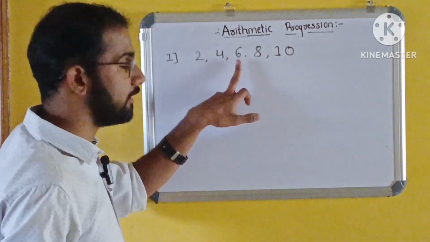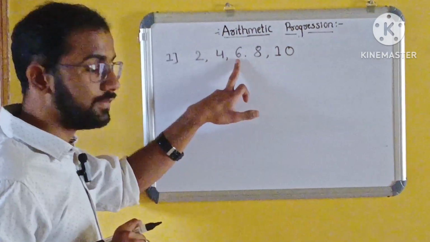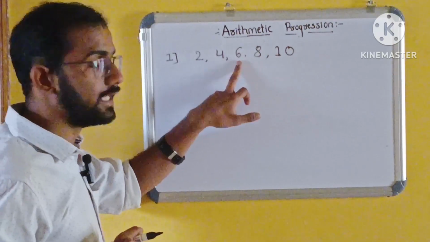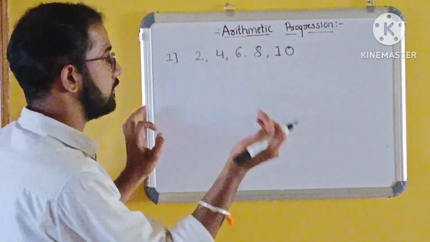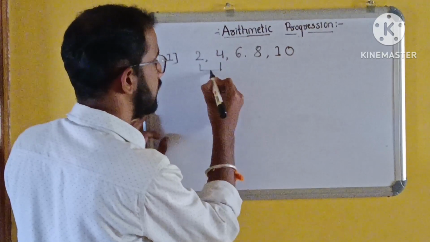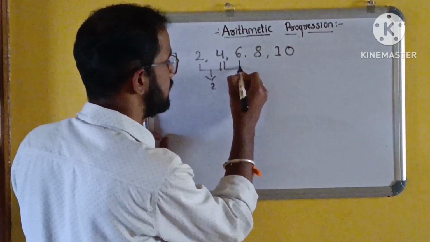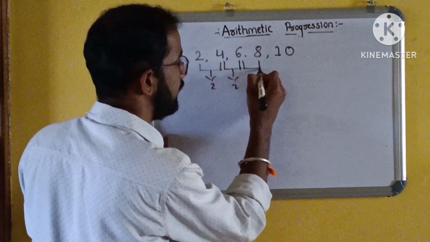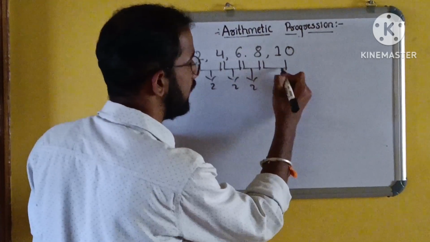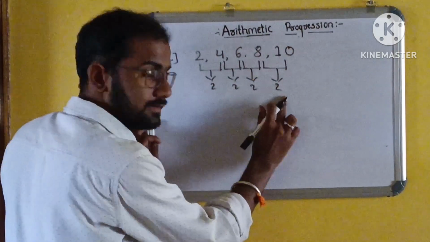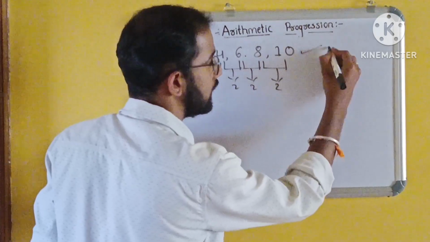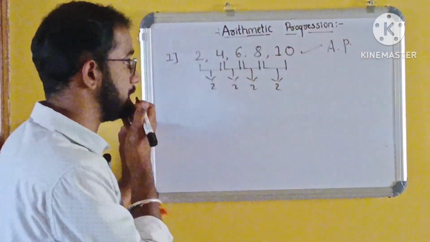To the 4, if we add 2, again we get 6. To the 6, again we add 2. The common difference is the same between every term. It is the same, hence it is known as arithmetic progression.